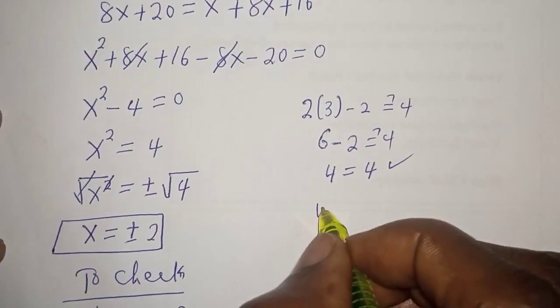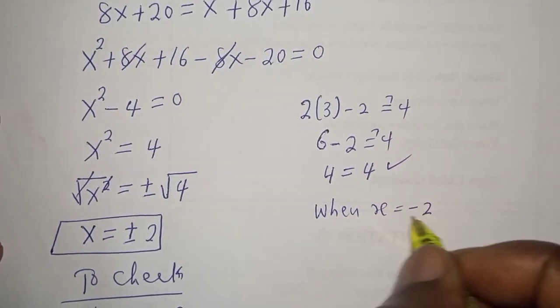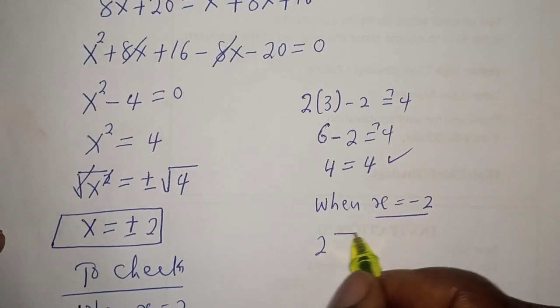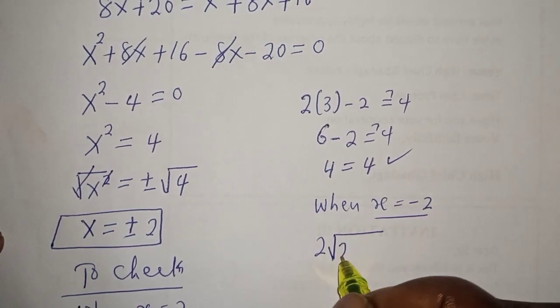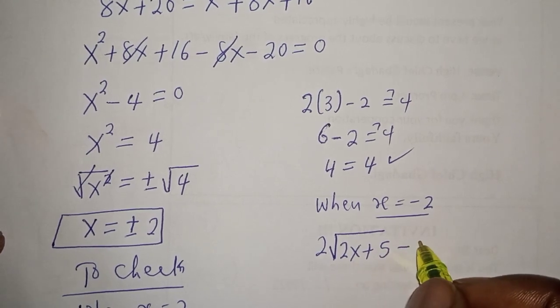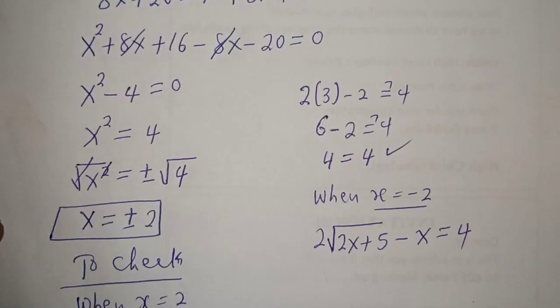Then also when x is equal to minus 2, let's check. 2 square root of 2x plus 5 minus x must be equal to 4.